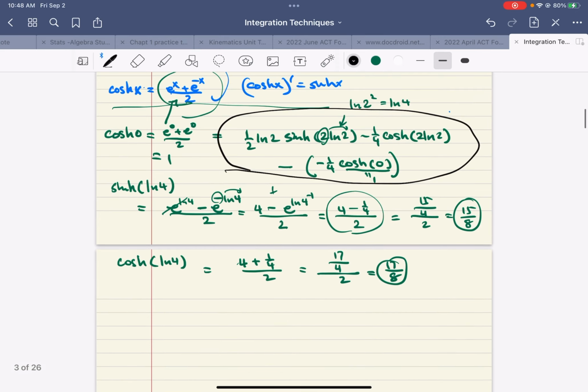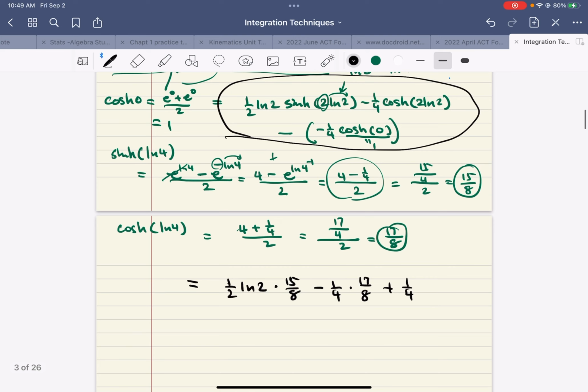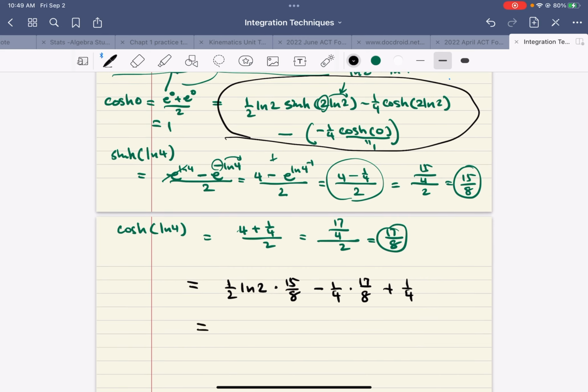Okay. So that value will be equal to 1/2 ln 2 times hyperbolic sine ln 4, which was 15 over 8, minus 1 over 4 times hyperbolic cosine of that value, 17 over 8. And then hyperbolic cosine 0 is 1, so plus 1 over 4. Let's see, then you have 15 over 16 ln 2.